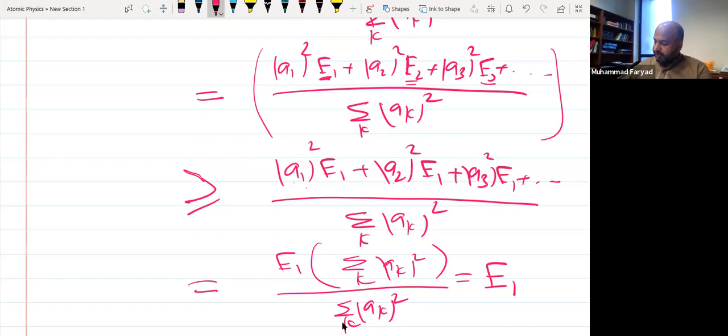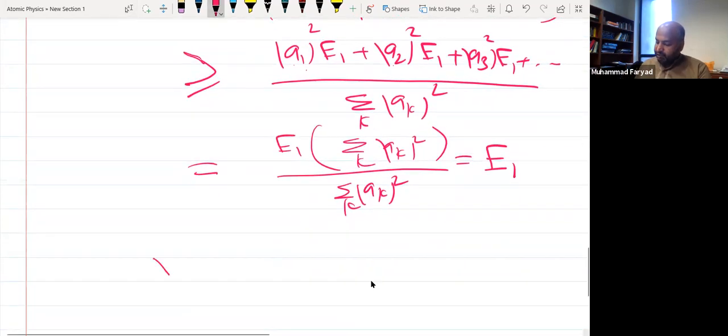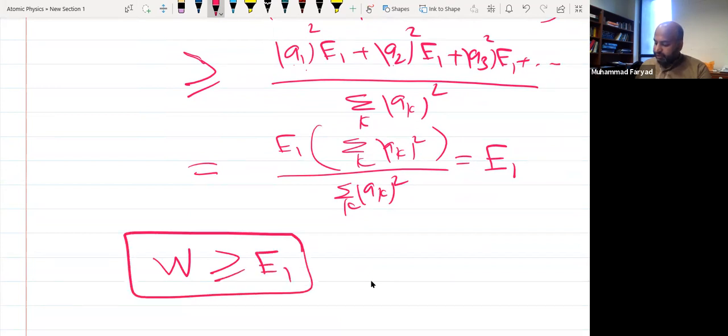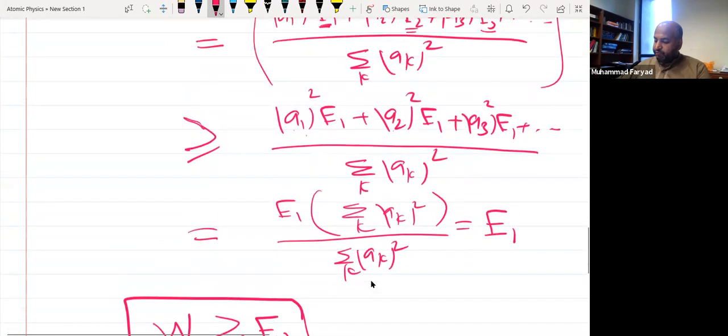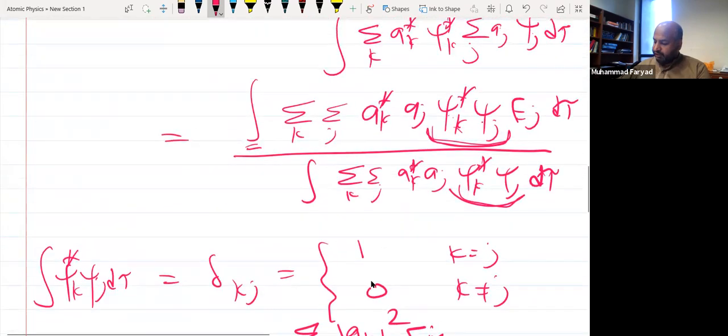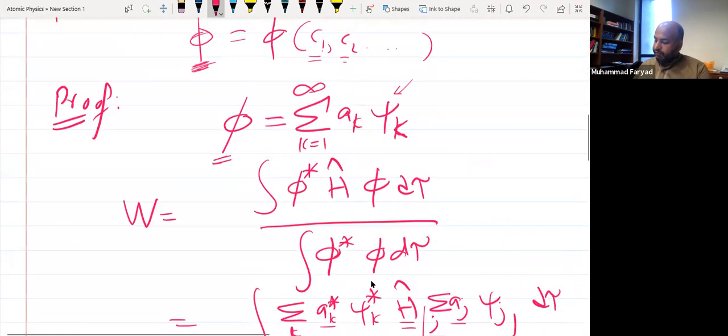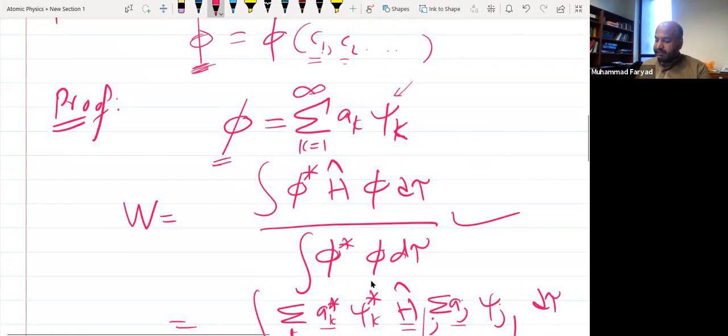So this W is always equal to or greater than e1, where W was equal to the ratio of these two integrals. When phi is already normalized, then this lower integral would be 1, and we don't have to worry about it. But usually when we start with a phi, it's not going to be normalized in general. So this is the W that we will always have to work with.